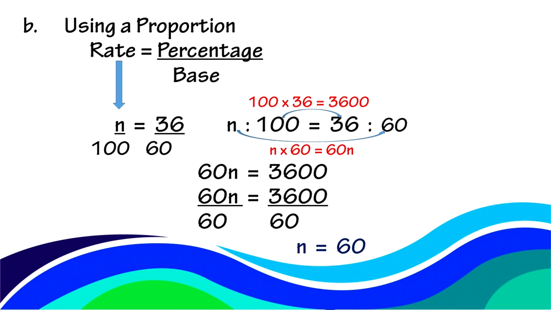We multiply the extremes and the means. 100 multiplied by 36 is 3,600, while n multiplied by 60 is 60n. Then we divide this by 60. 60n divided by 60 gives n, and 3,600 divided by 60 gives 60. So n is equal to 60.